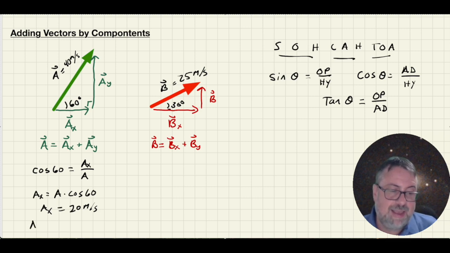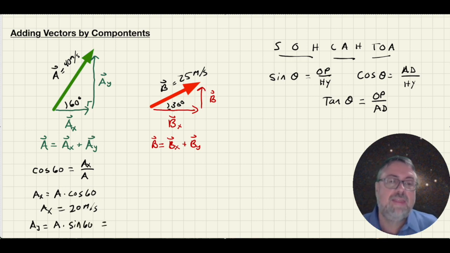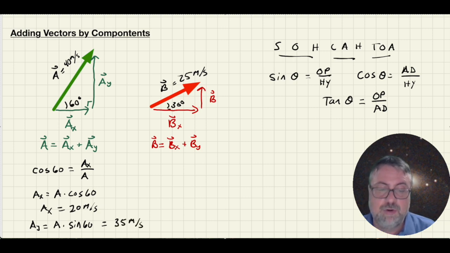So I can say that AY is equal to A times the sine of 60. That's going to be equal to 40 times the sine of 60. Well, the sine of 60 is about 0.866 if you check on your calculator. That means that AY is about 35 meters per second in the vertical.